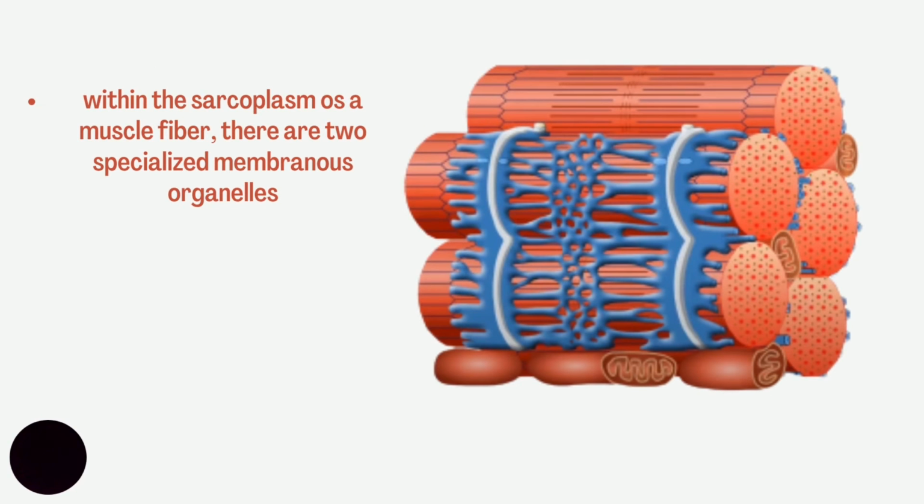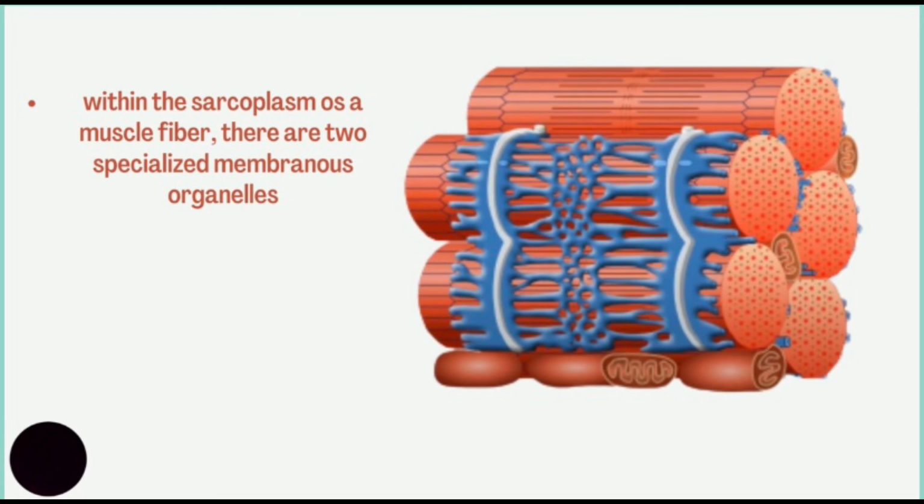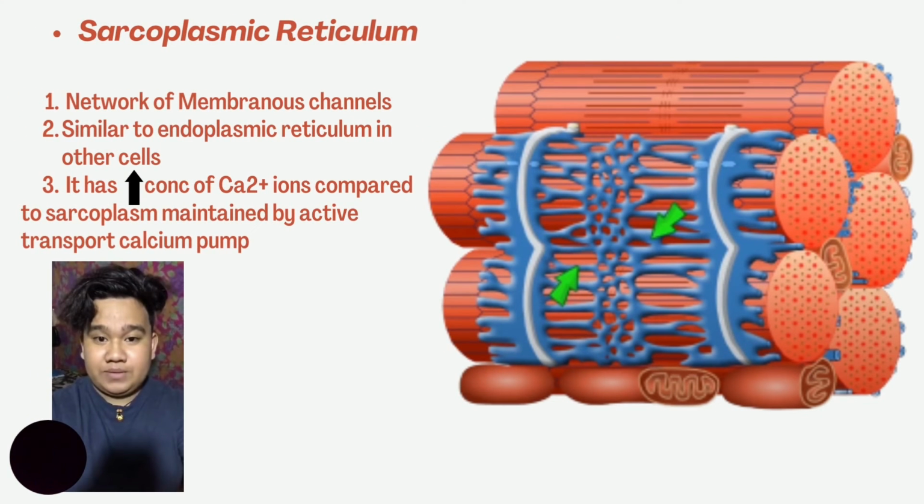Within the sarcoplasm of a muscle fiber, there are two specialized membranous organelles. One of them is the sarcoplasmic reticulum. It is the network of membranous channels that surrounds each myofibril and runs parallel to it. It is the same as the endoplasmic reticulum in other cells.